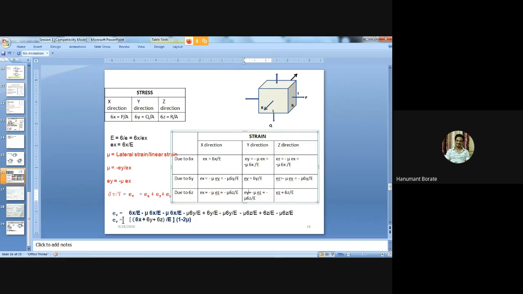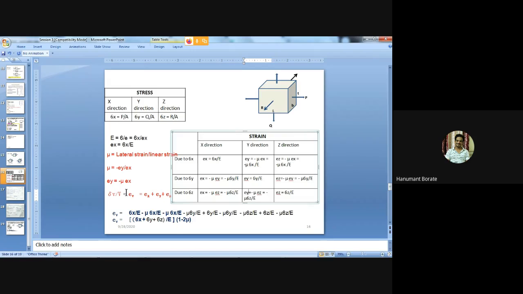that is called the volumetric strain. So for that purpose I have written here Ev, volumetric strain, equal to sigma x plus sigma y plus sigma z divided by E into 1 minus twice mu. If we solve this equation, finally we'll get sigma x plus sigma y plus sigma z by E into 1 minus twice mu. So this is the volumetric strain. Volumetric strain is nothing but the change in volume divided by original volume.